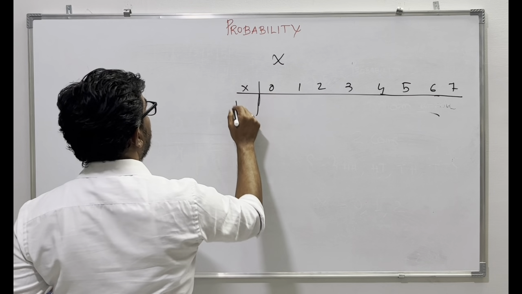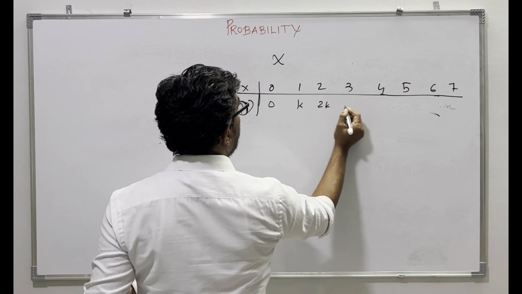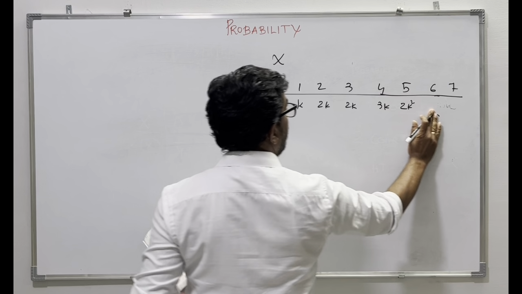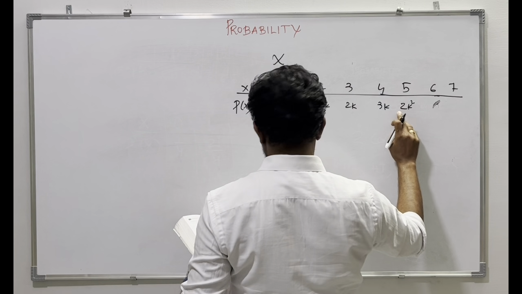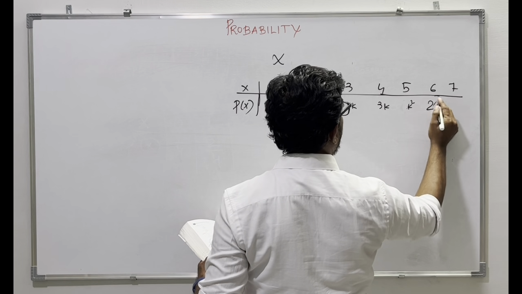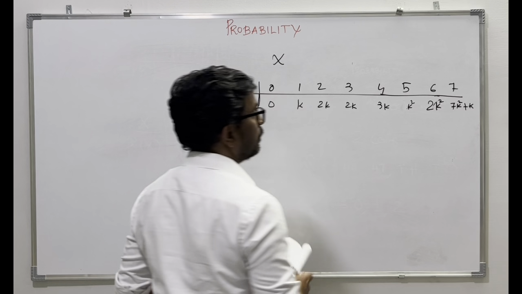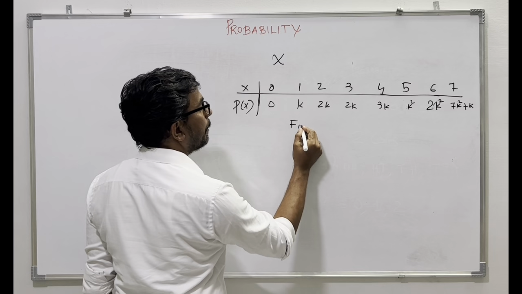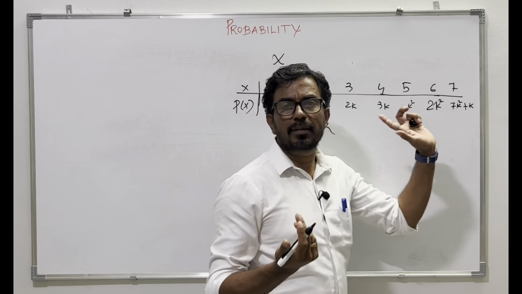And the probability is given like this: 0, k, 2k, 2k, 3k, k square, 2k square, and the last one is 7k square plus k. They are asking only one thing: if this is a probability distribution, find k. We use the idea that the sum will become 1. That's all. It's a simple thing.